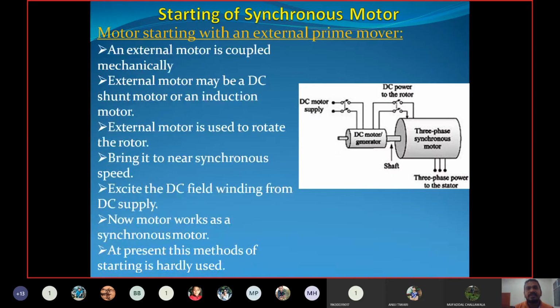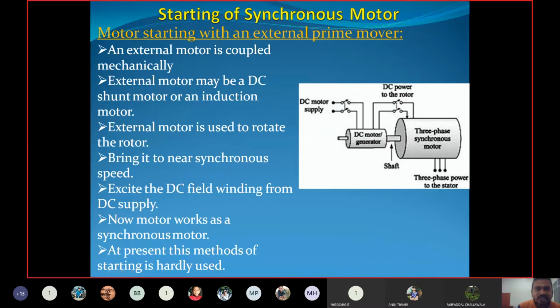Now, the motor starting with an external prime mover. Look at this figure. This is the synchronous motor. One external prime mover is connected, or the shaft of the external prime mover is mechanically coupled with the shaft of the synchronous motor.